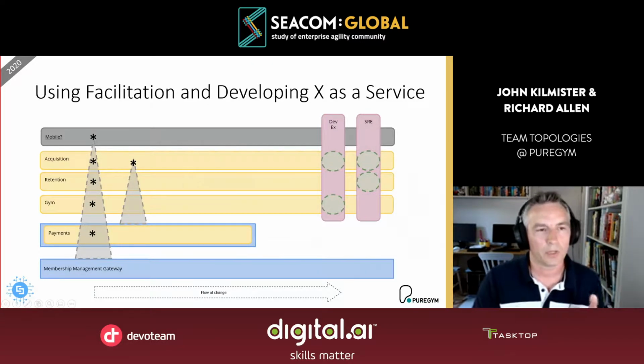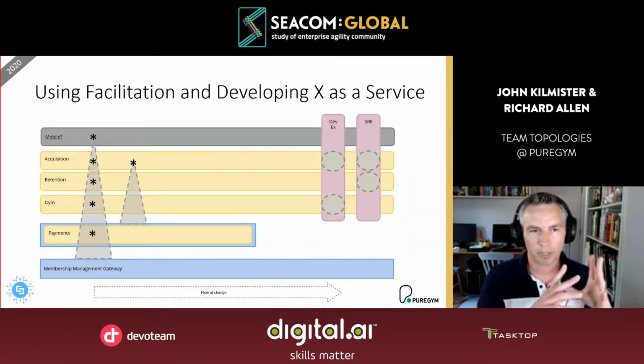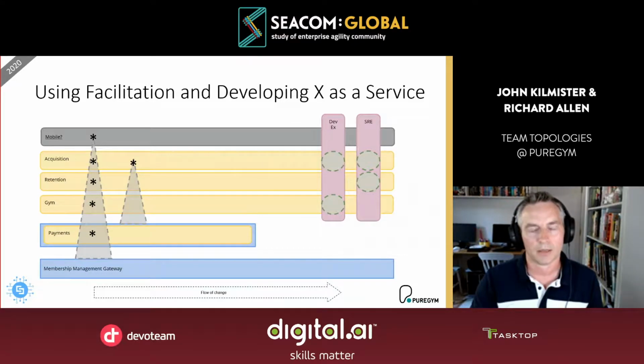interactions. So here we can see that our X as a service interaction is represented by the triangle, and the asterisks kind of denote which particular streams were consuming that X as a service. So we can see on this particular diagram that the payments team provided an X as a service via a platform, which was consumed by the acquisition team.